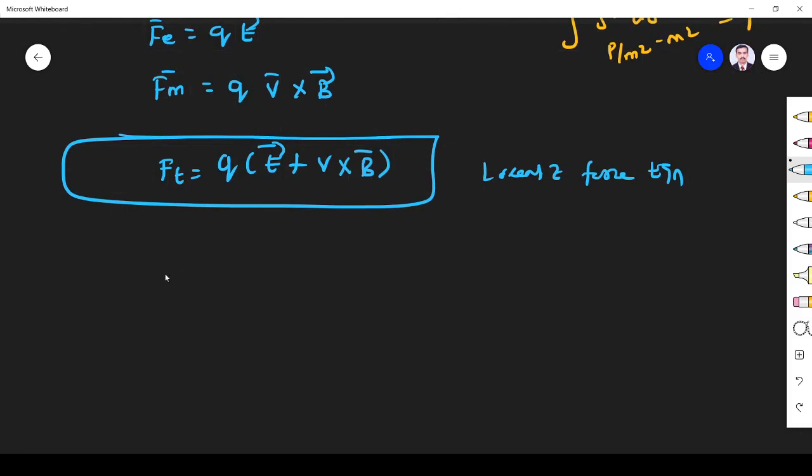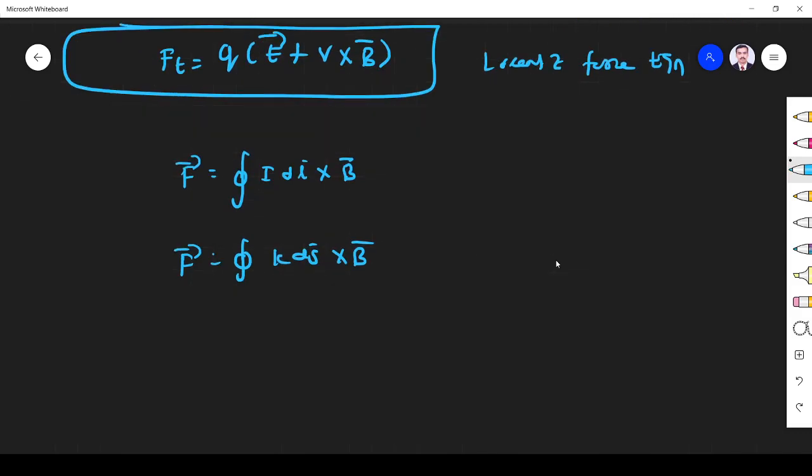Okay, so then the force due to a line is given by closed integral I dL cross B. In surface, the force is given by closed integral K dS cross B, where L is line and S is surface. F is equal to J dV cross B, this is for volume.